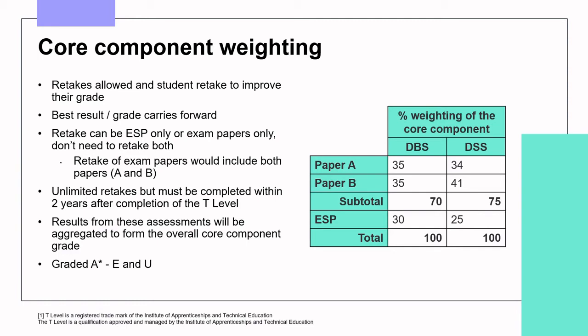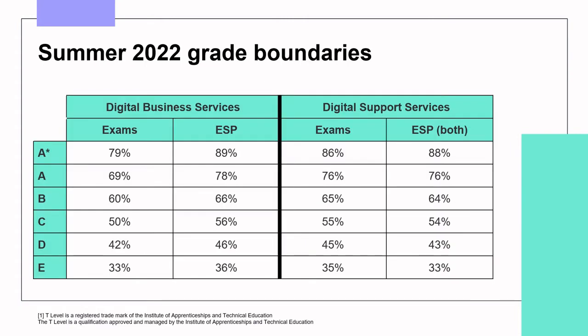Results from both the exams and employer set project will be aggregated to give an overall core grade, which is A star to E and U. Now, the very first sitting of these core assessments has just happened this summer, 2022. And here are the grade boundaries for the exam subcomponent and the employer set project subcomponent.